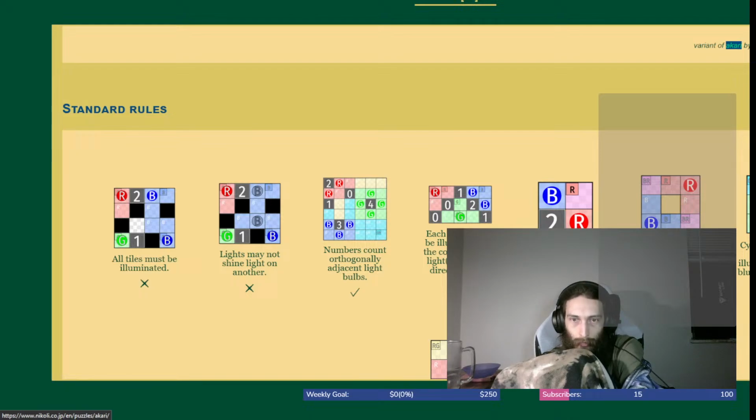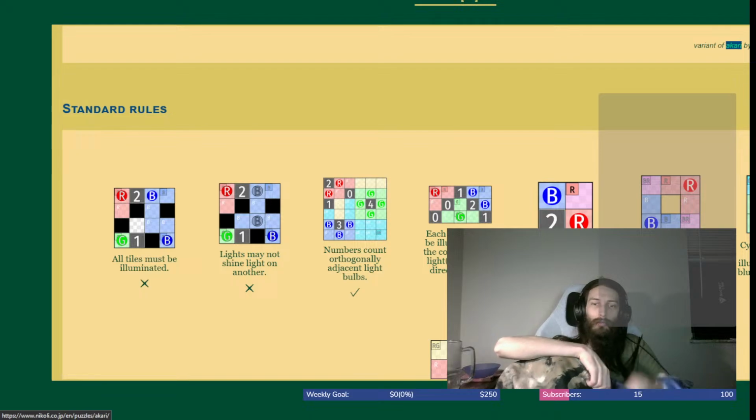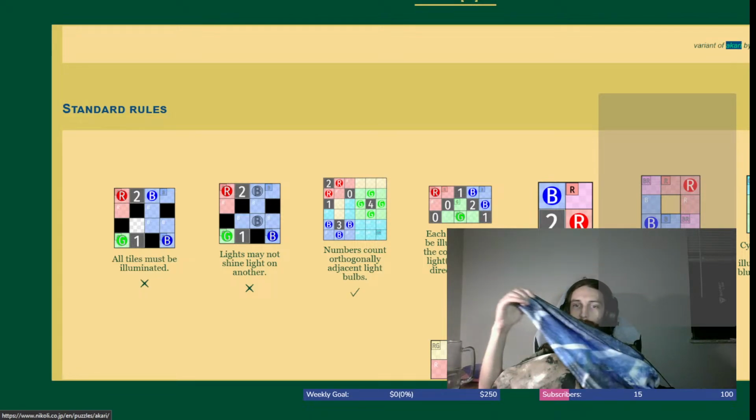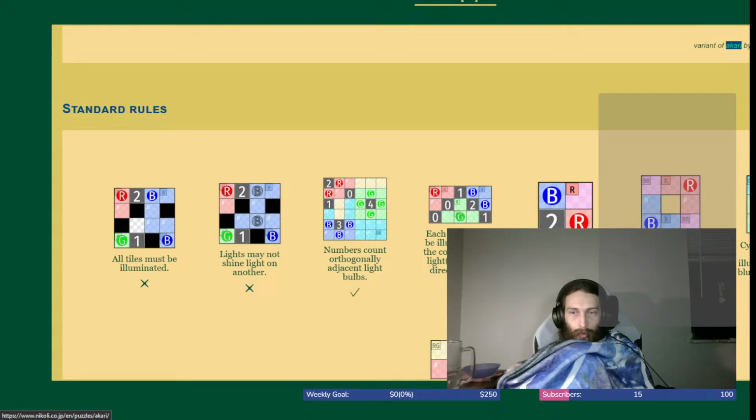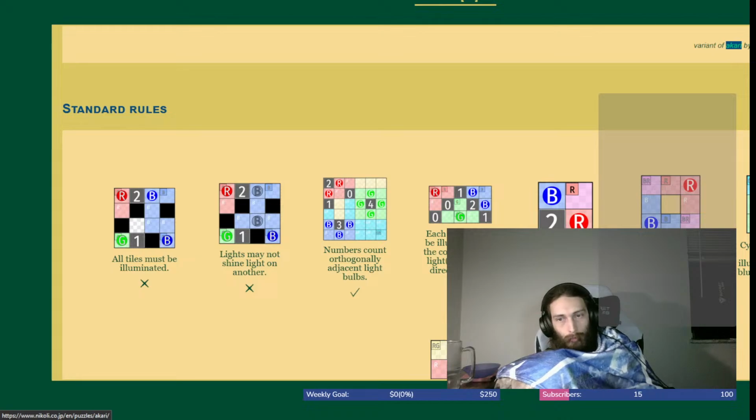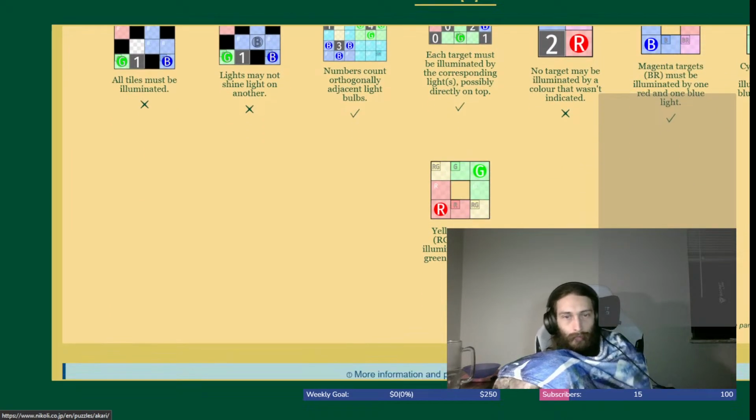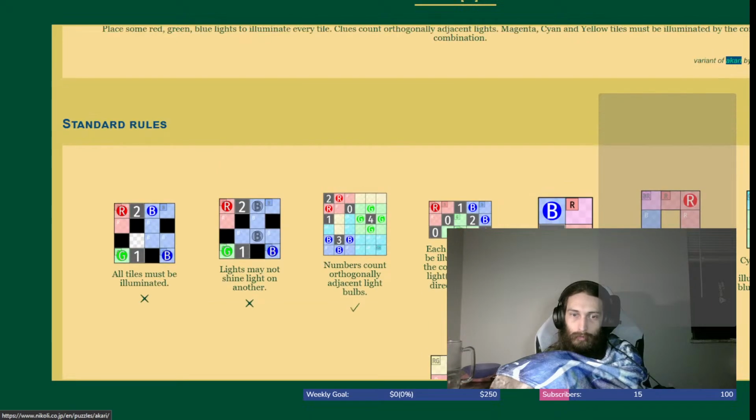No target may be illuminated by a color that wasn't indicated. Magenta targets, blue-red, must be illuminated by one red and one blue. And cyan targets, green-blue, must be illuminated by one blue and one green. Yellow must be illuminated by one red and one green. Okay.